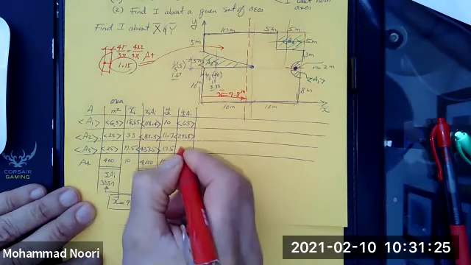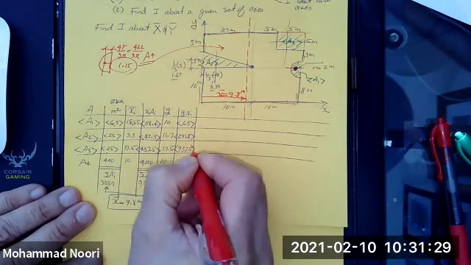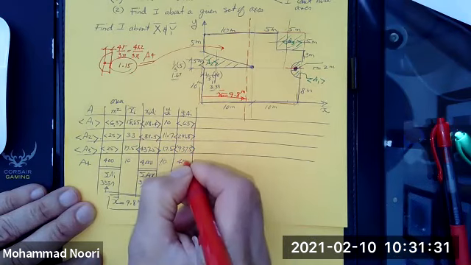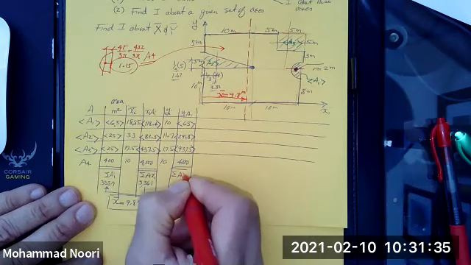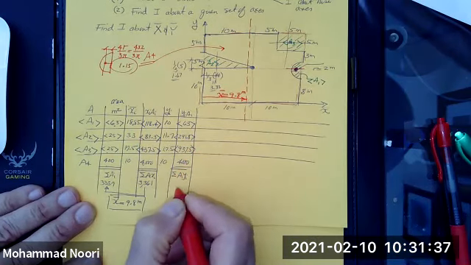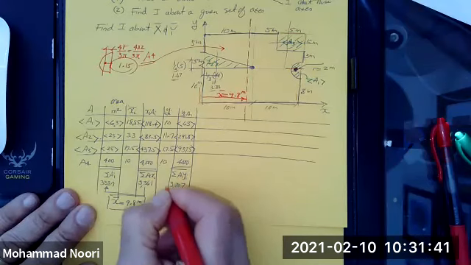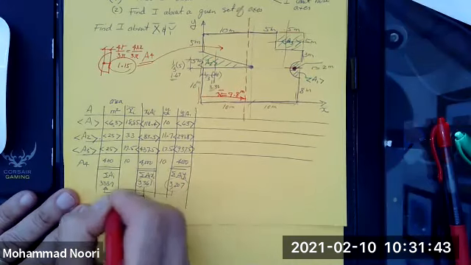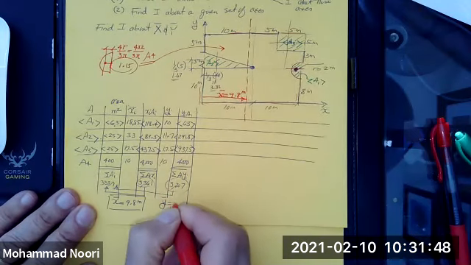This would be 937.5 negative, and this would be 4,000. So if you add these up, it would be 3,207 divided by that. That will give you y bar.